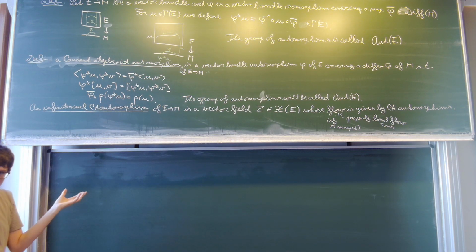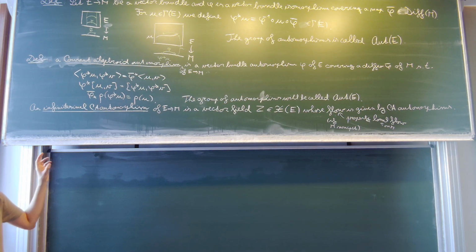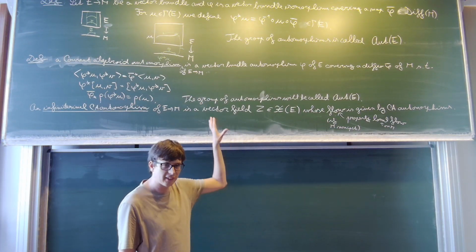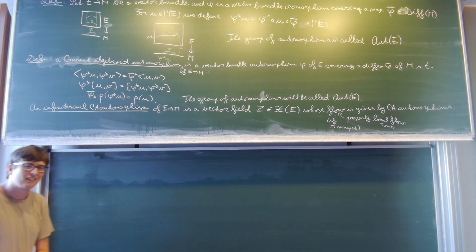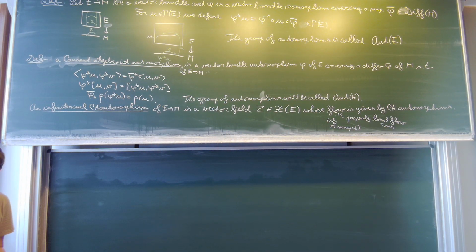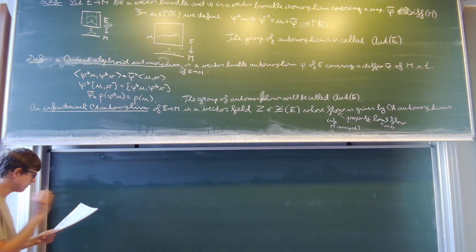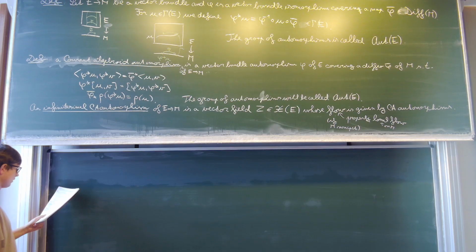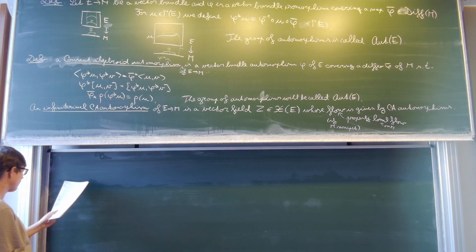So you can phrase it in that way, and then you don't worry about it. Yeah, I agree. But I didn't want to phrase it as an operator that acts on sections. I wanted to phrase it as a vector field on the total space. Again, for no obvious reason. Okay, so don't worry, it should be correct.